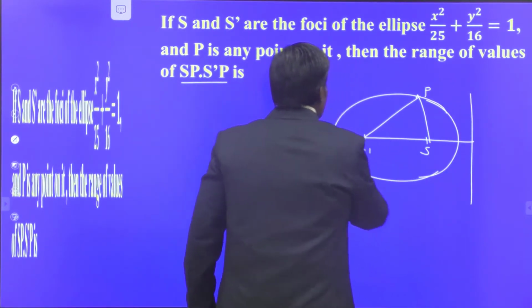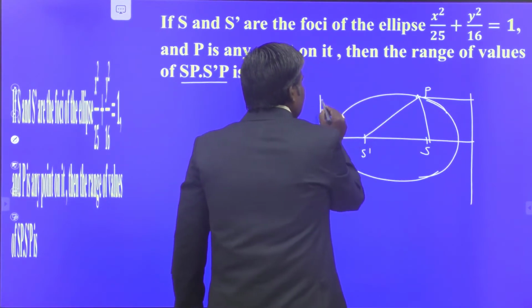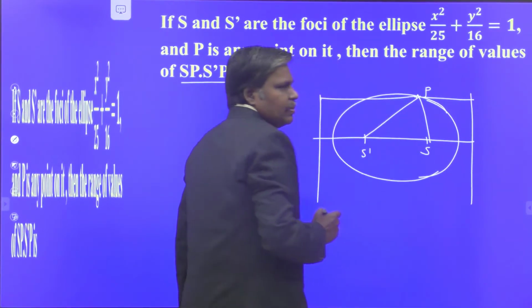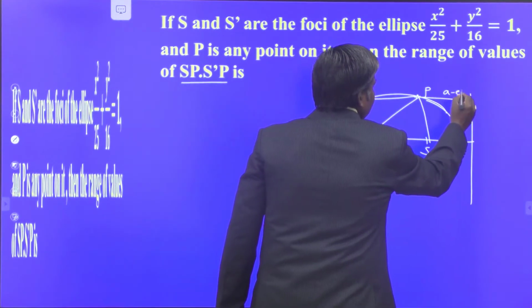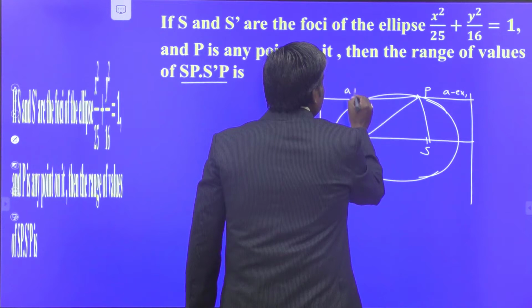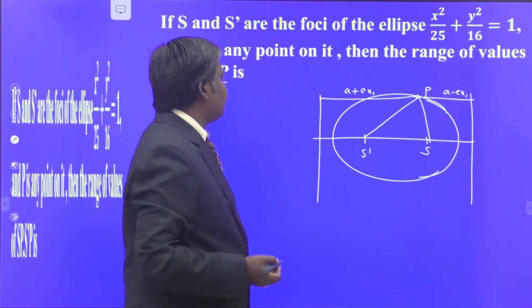What is SP? All of you know that SP is equal to E into PM. S dash P is also E into PM dash. This is nothing but A minus EX1, and this is A plus EX1, because SP is equal to E into PM.